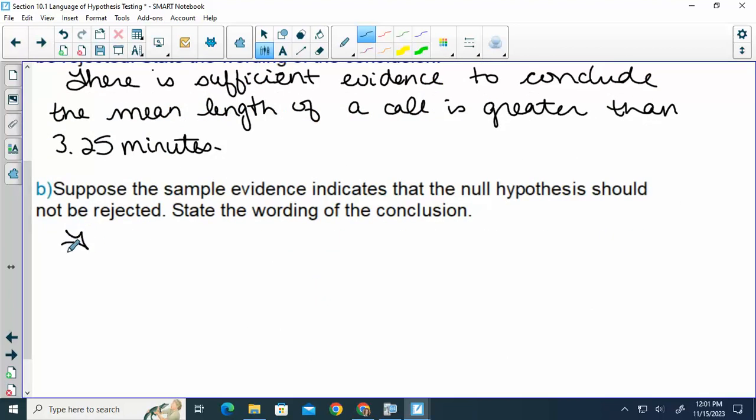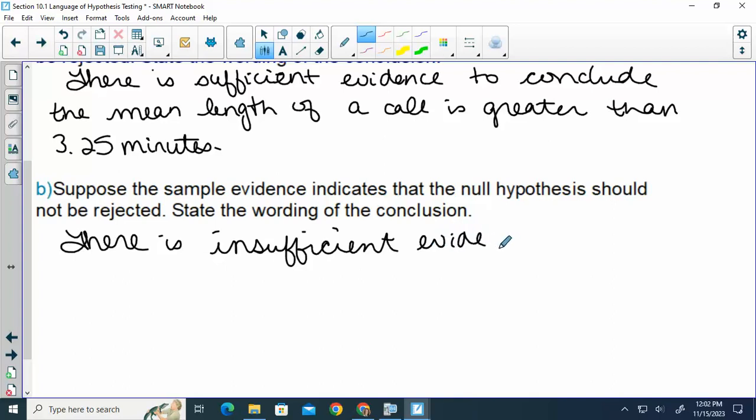So we would say there is insufficient evidence to reject the null hypothesis.